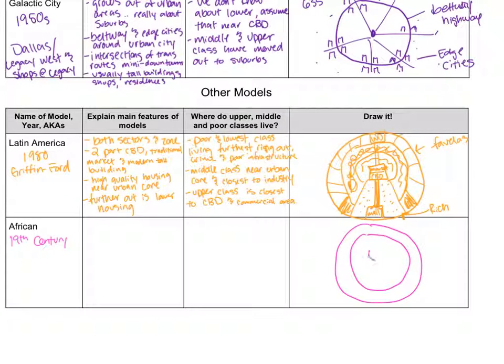There are three kind of parts here in the middle that make up kind of our middle core CBD kind of. So in one of these areas in the middle, that is going to be our traditional CBD.